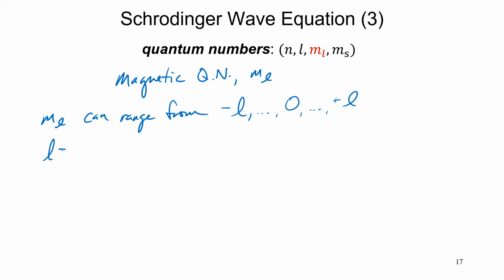So for L values, if L is 0, there's only one m sub L value, and it is 0. That's it. If L is 1, what can our m sub L values be?